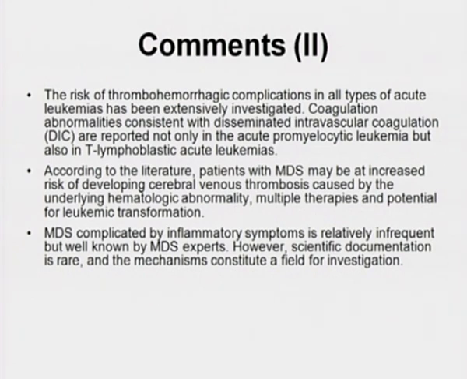The risk of thrombohemorrhagic complications, our patient died of cerebral hemorrhage, in all types of acute leukemias has been extensively investigated. Coagulation abnormalities consistent with disseminated intravascular coagulation are reported not only in acute promyelocytic leukemia, but also in T lymphoblastic leukemia.